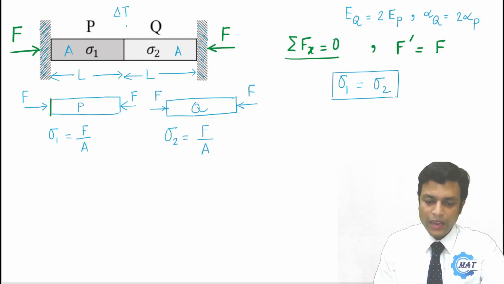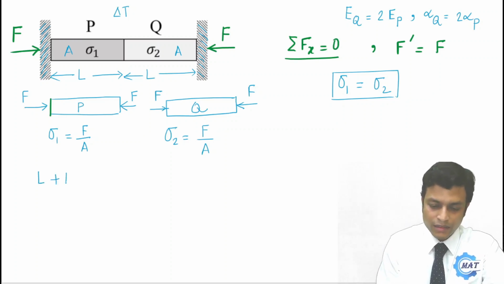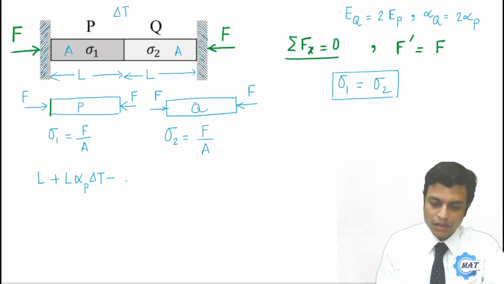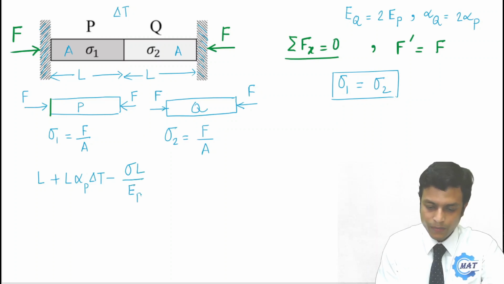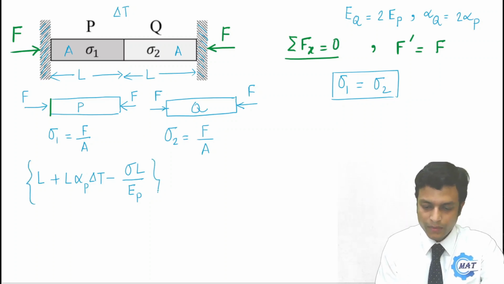Say for bar P, the initial length was L. Due to temperature rise, the elongation will be L alpha P delta T, and due to the compressive stress, the length will be reduced by sigma L by EP. So this is the final length of bar P.